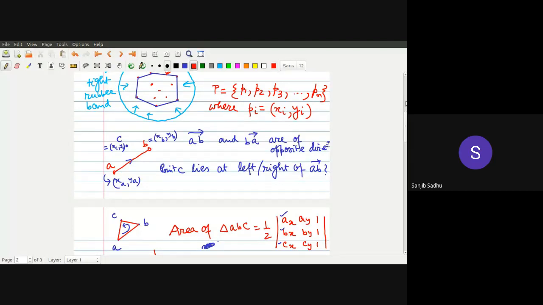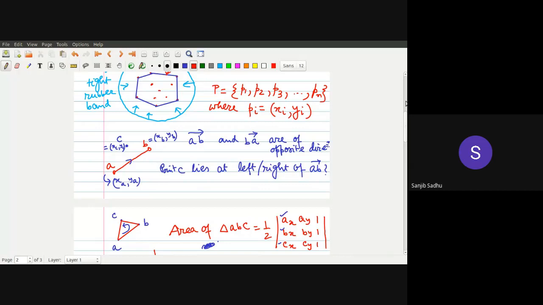Suppose you take a point D inside the triangle ABC: D lies at the left of AB, at the left of BC, at the left of CA. But if it is outside, then for AB it may be left and for BC it will be right, or maybe AB left, BC left, and CA at the right. Is it clear?